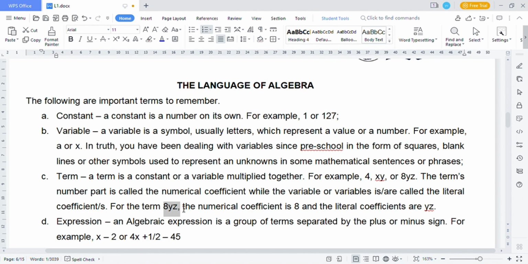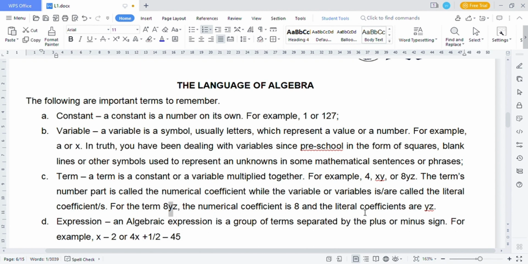So for the term 8yz, our numerical coefficient is 8. The number is our numerical coefficient, the letters are our literal coefficient. So again, in the example 8yz, the numerical coefficient is 8 and the literal coefficient is y and z.